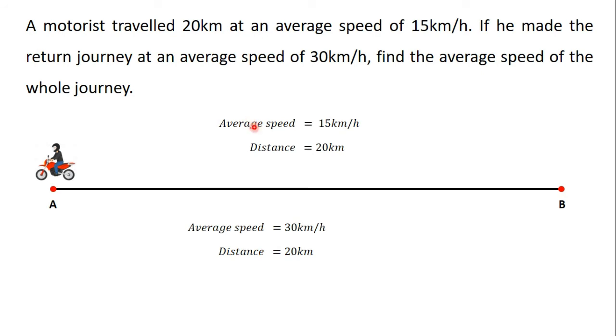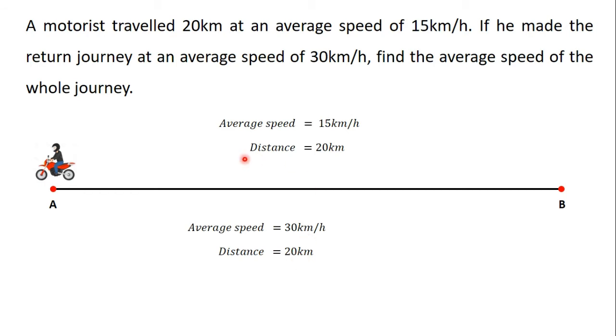Now look at something. To find the average speed of the whole journey, we will need the total distance covered by the motorist. We have seen that the journey was in two parts. In the first part, he covered a distance of 20 kilometers. Then the second part was the return journey. He covered another distance of 20 kilometers.